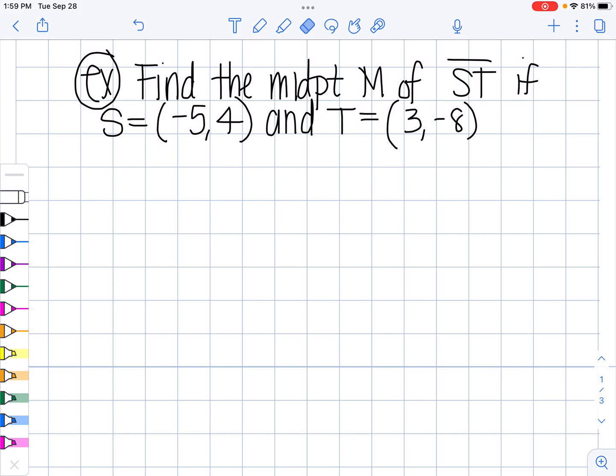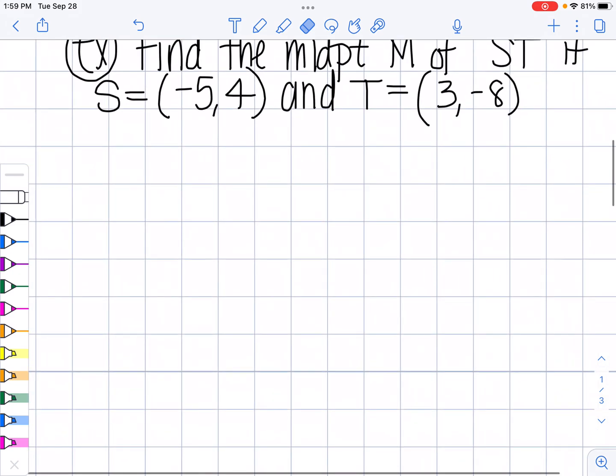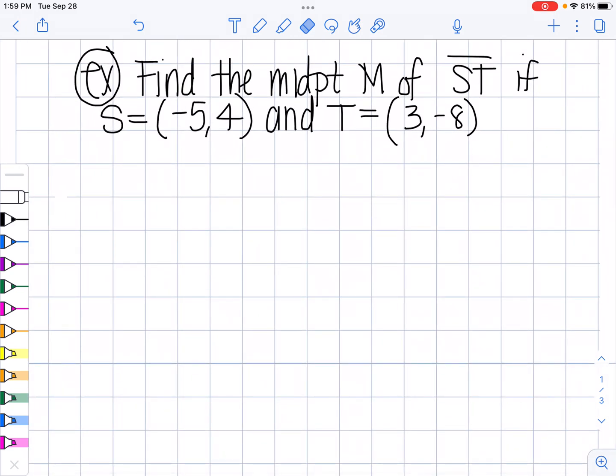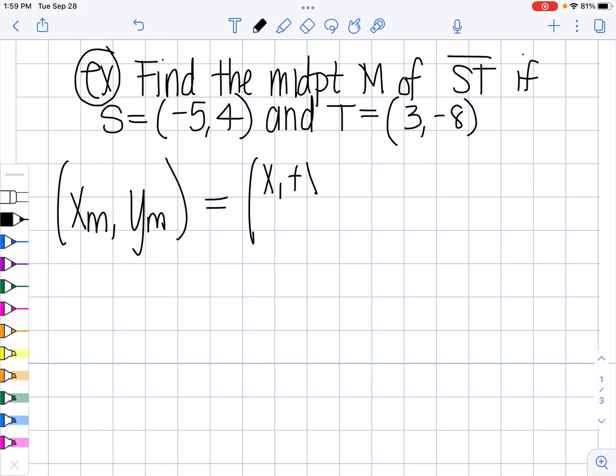So what I like to do, first, I always write out my formula. So I have (xm, ym) is equal to ((x1 + x2)/2, (y1 + y2)/2).